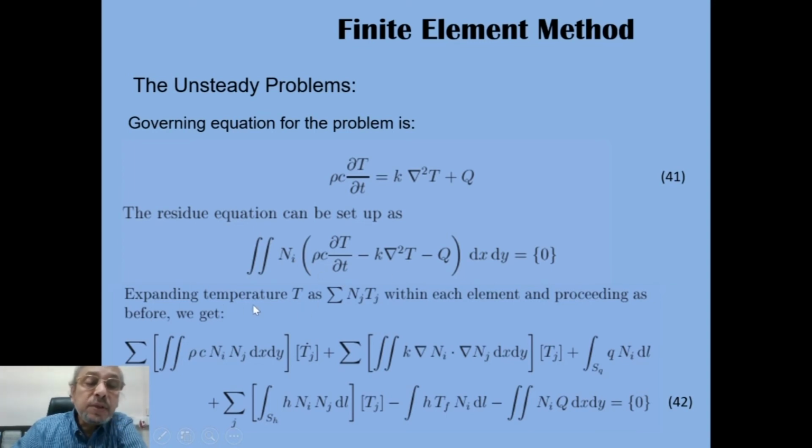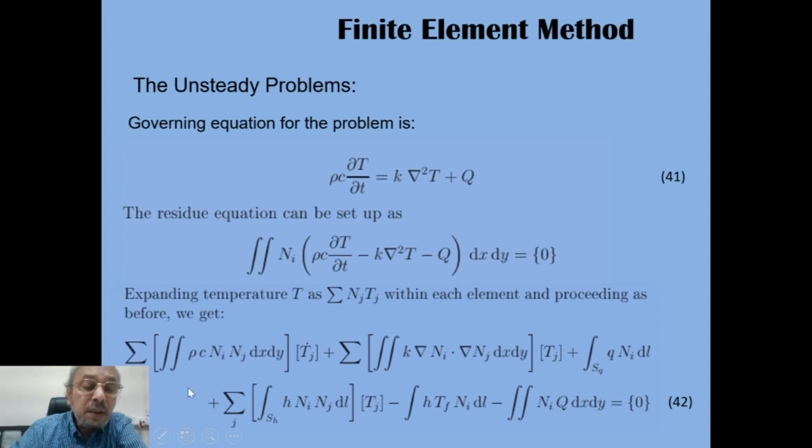Expanding temperature as Nj Tj within each element, just the way we did in the earlier steady state conduction case, we can see all the terms are again coming. The only additional term arises out of the unsteady term, that is rho c del temperature del time.